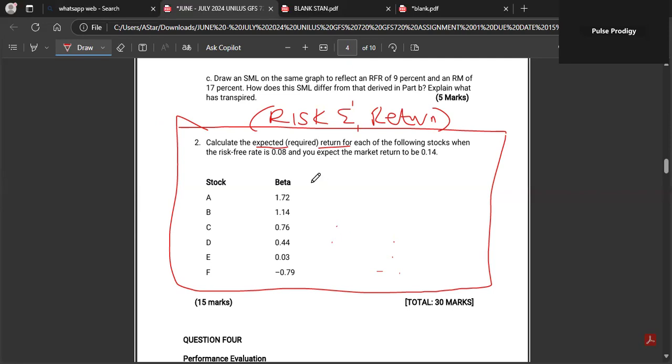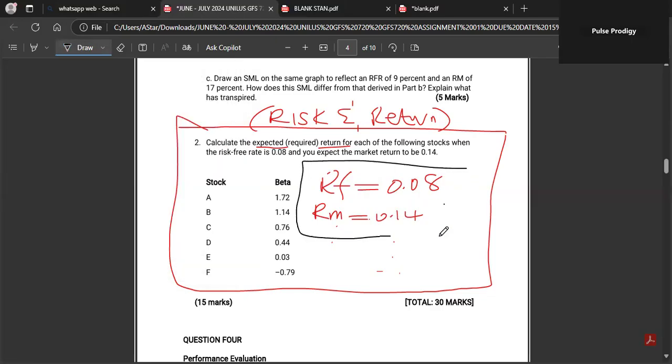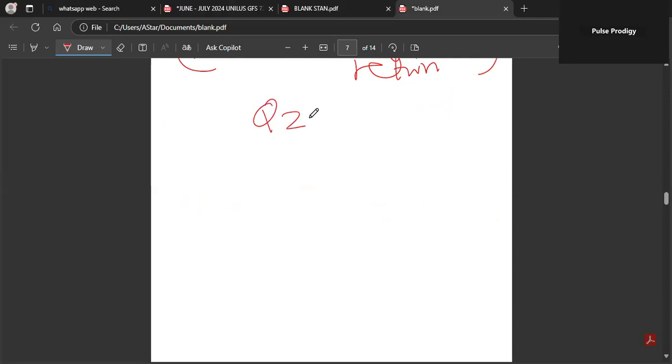Okay, so our risk-free rate is what? Risk-free is 0.08. Return of the market is 0.14. So these are the ones that we have. So as we get down here, we have this problem on question 2. We have the stock and then the beta.